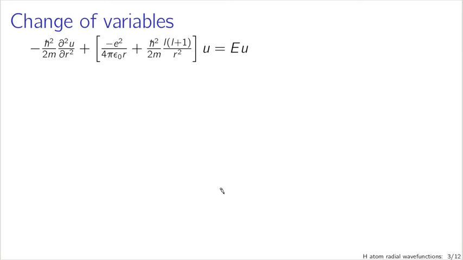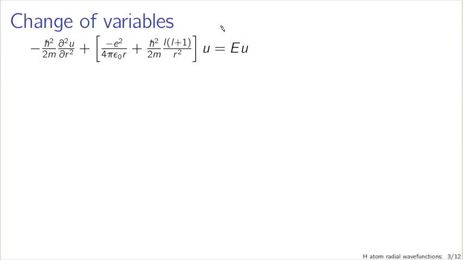We can make this a little bit easier to work with if we make a change of variables. So the equation we have now, the radial part of the Schrodinger equation, expressed in terms of this redefinition u is equal to the actual radial function times r, we have a couple of constants, and we can rearrange the constants.